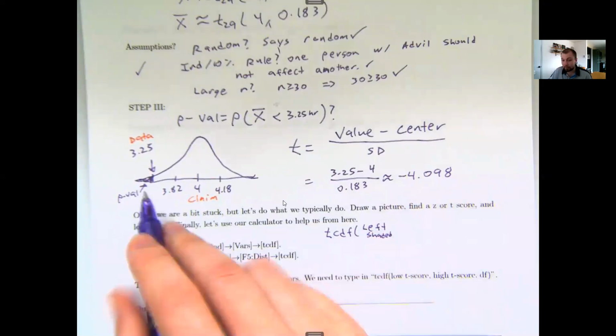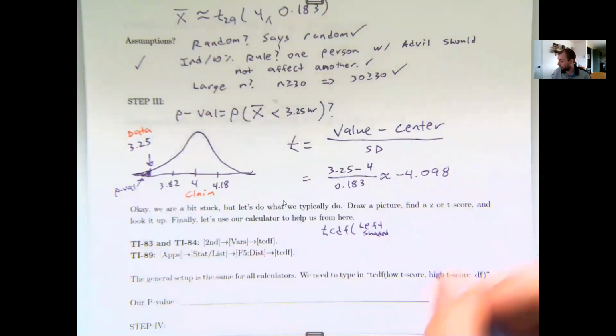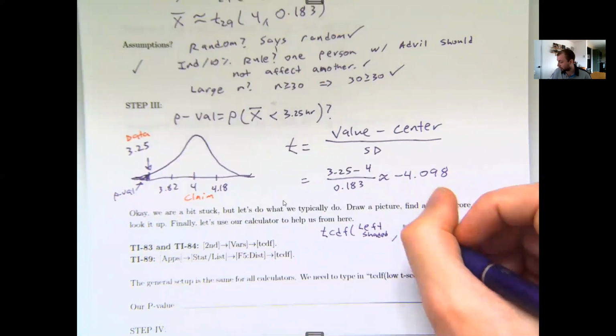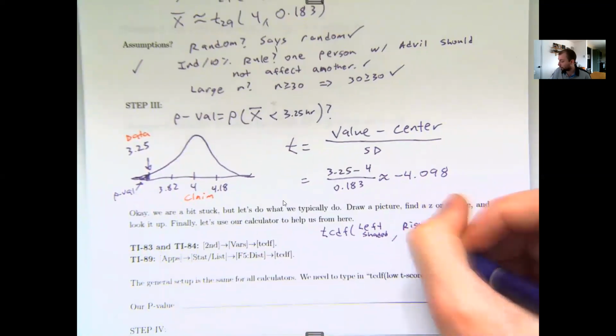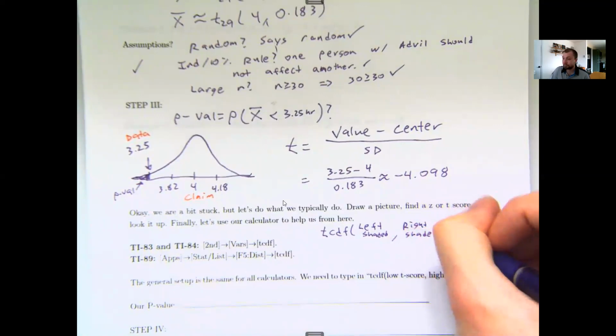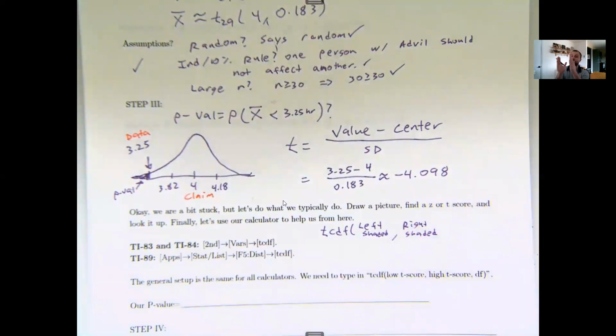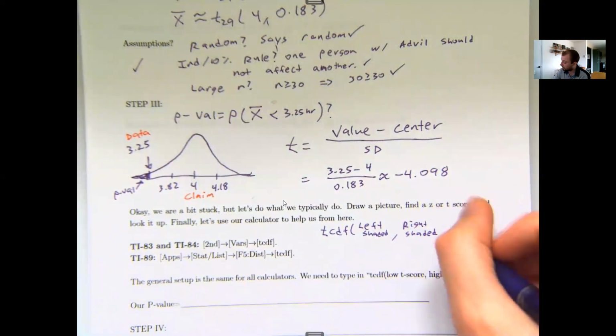So whatever the barrier is, the left barrier of your shaded part, to your highest t-score, the rightmost part of your shaded. So it's pretty much just asking, where am I shading stuff in? Where do I put in all this paint? So it needs the low value and the high value. And then finally, it wants the degree of freedom.